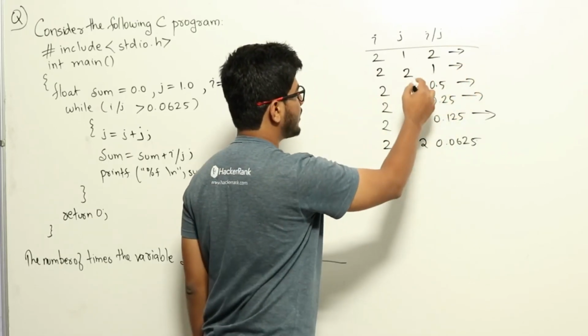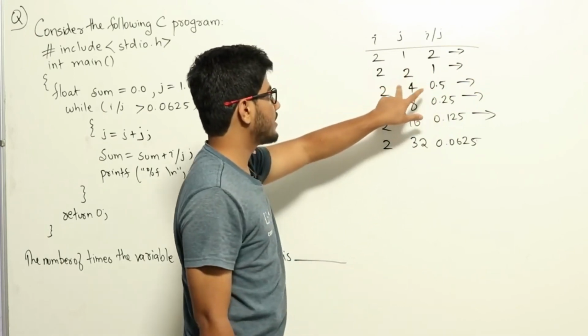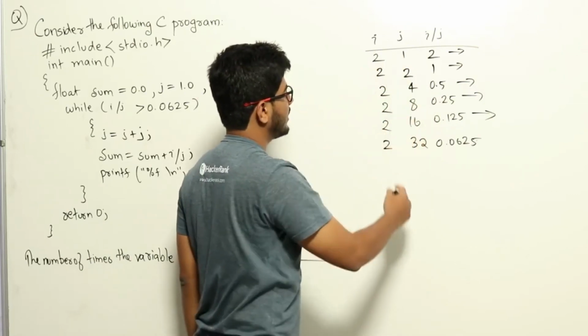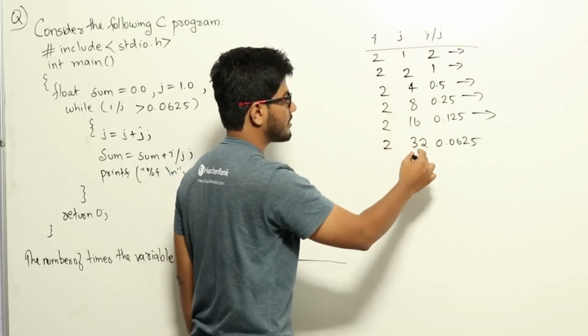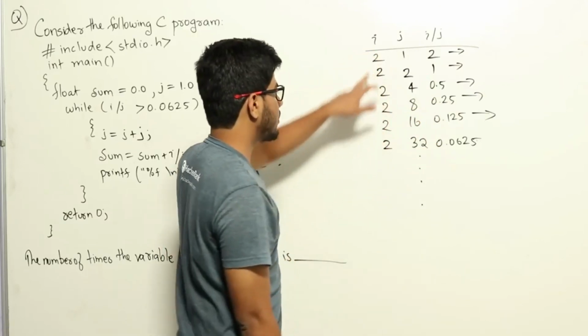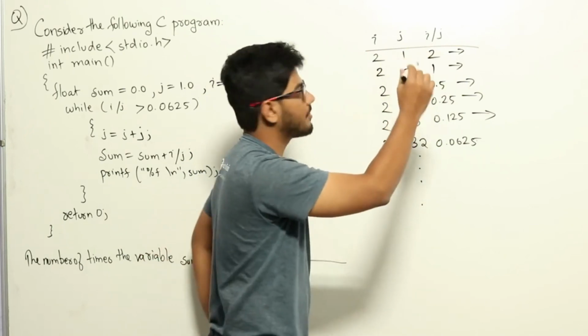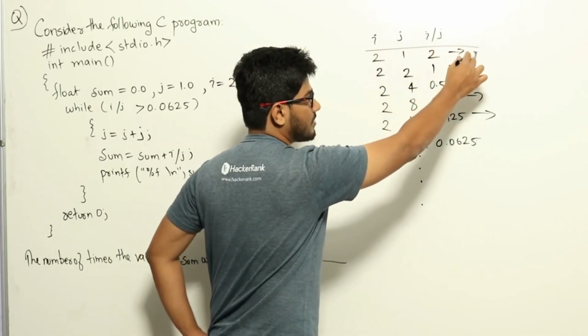And inside the block we are making j equal to j plus j, that will be 2 plus 2, that becomes 4. i remains the same throughout. So I have written down each time j values change. j changes from 1, 2, 4, 8, 16, 32 etc. It keeps on going. i remains constant at 2 only, and i by j values for each of these I have written. i by j is 2 by 1 initially, that is 2. It will go inside and it will print.